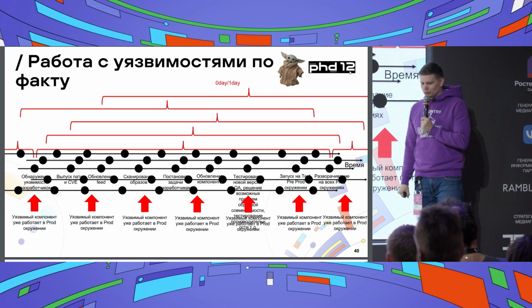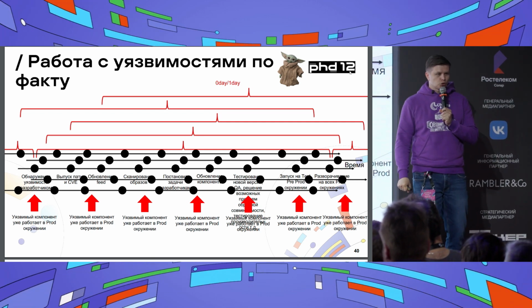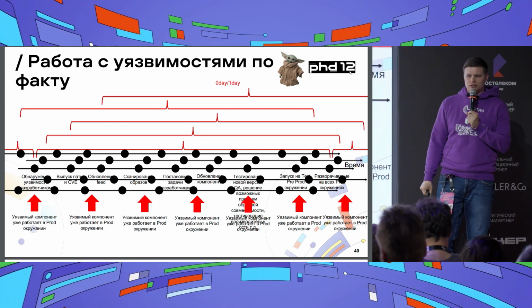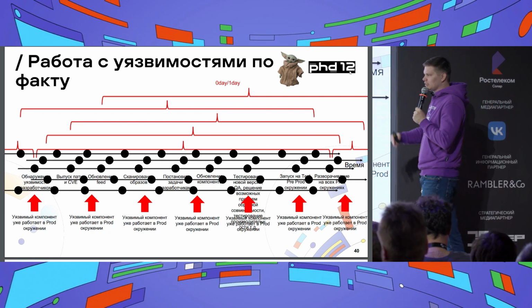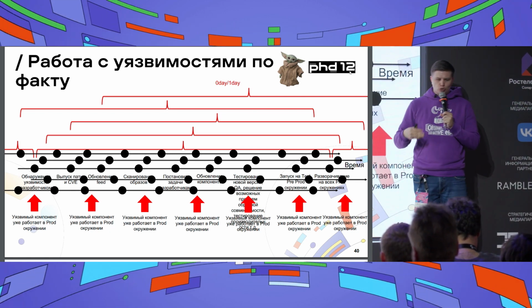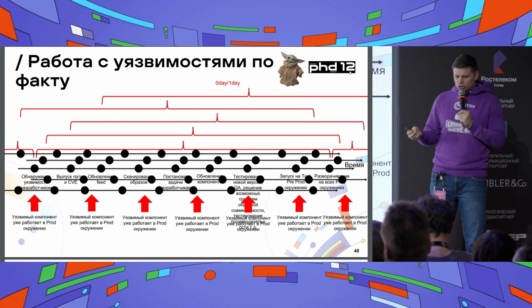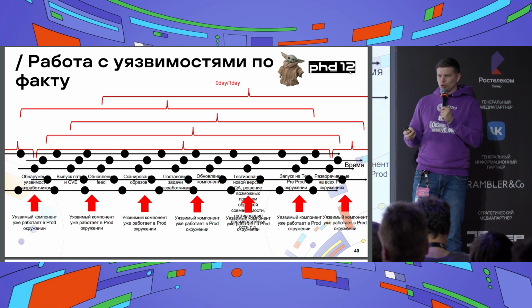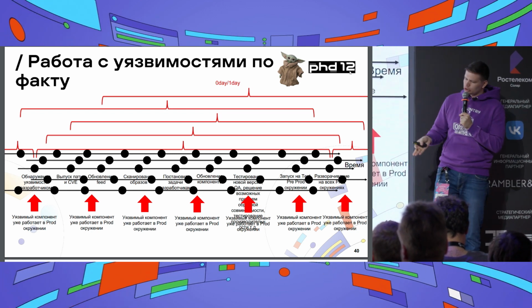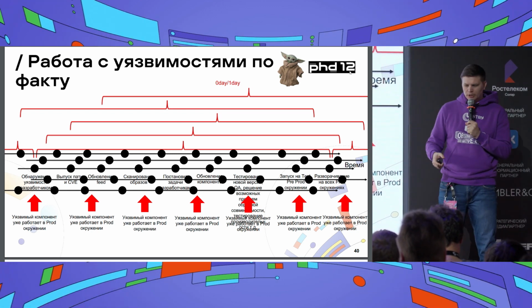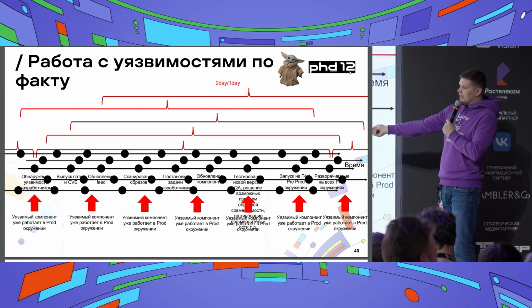So vulnerabilities, how many of them are registered daily? I don't know. If you use open source vulnerability scanners, they are updated once a day or once in several hours.